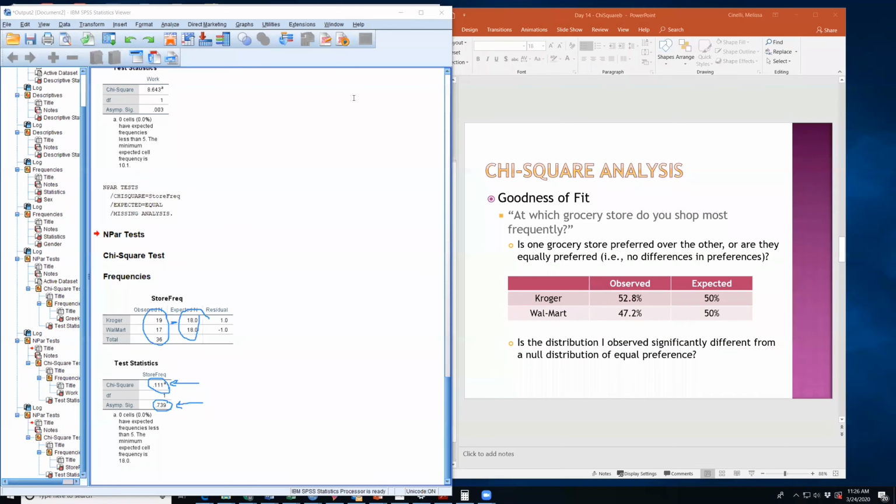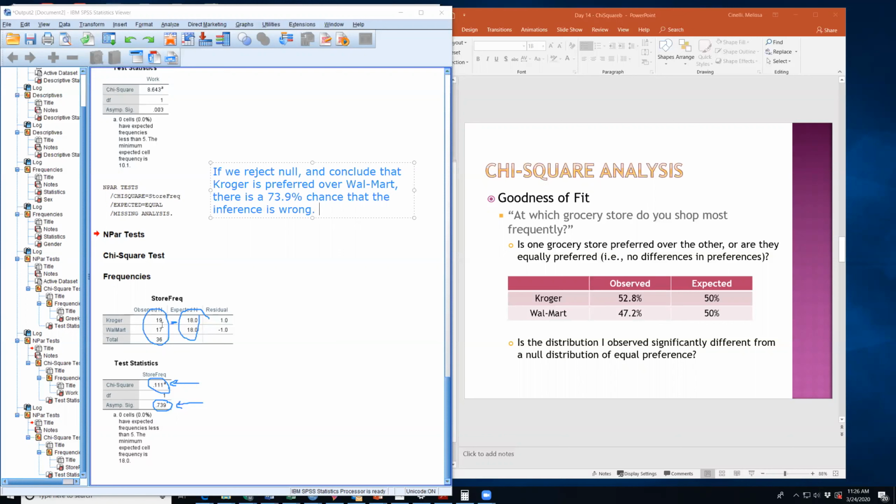All right, this p-value is telling us, again, just as a reminder, if we reject the null and conclude that Kroger is preferred over Walmart. All right, so if we draw this inference at the population level, I think that Kroger is preferred over Walmart. Based on this evidence from my sample, there is a 73.9% chance that the inference is wrong.